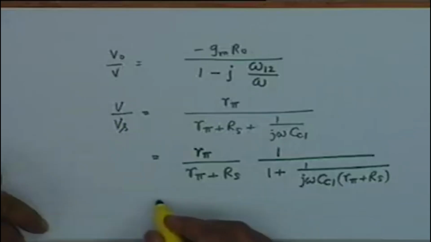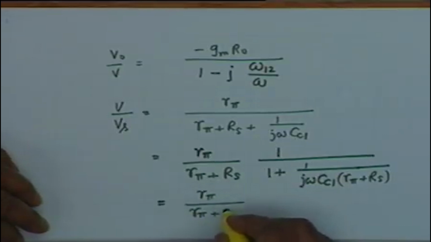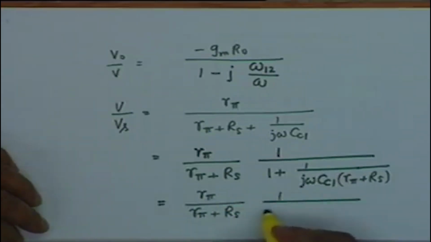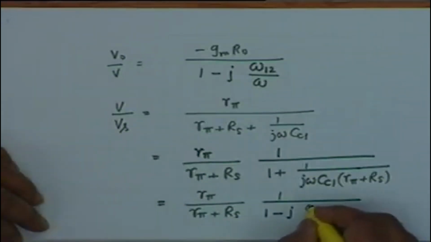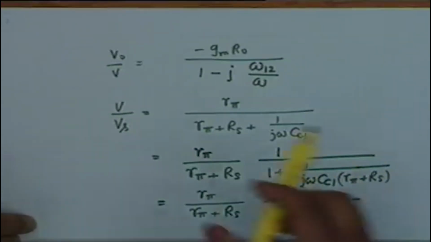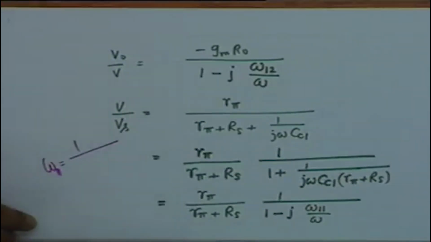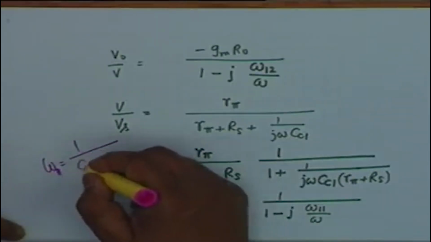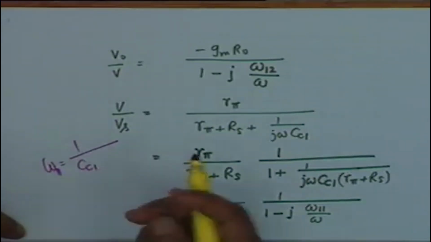Not yet. All right. So I prefer to write this in the form R pi divided by R pi plus Rs, 1 minus j, 1 by j is minus j, and then I write omega 11 divided by omega, where omega 11 is now defined as the reciprocal of the time constant of the input circuit, which means CC1 in series with Rs plus R pi.